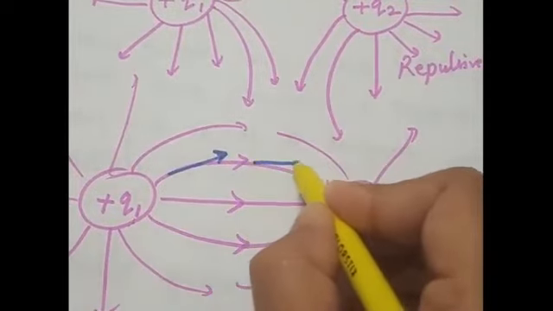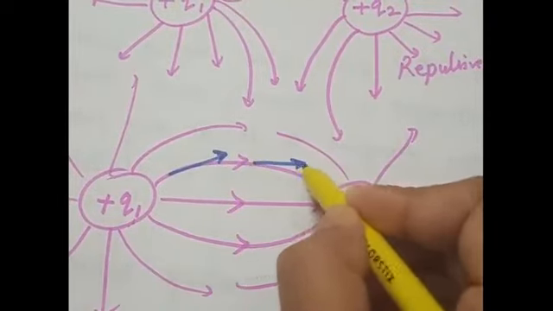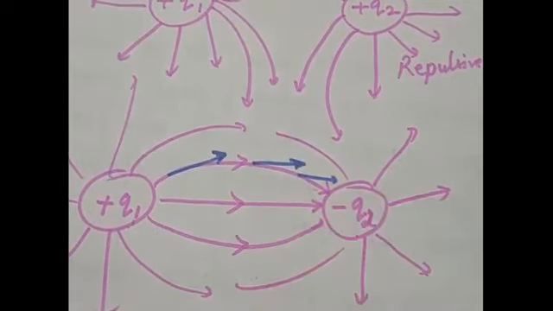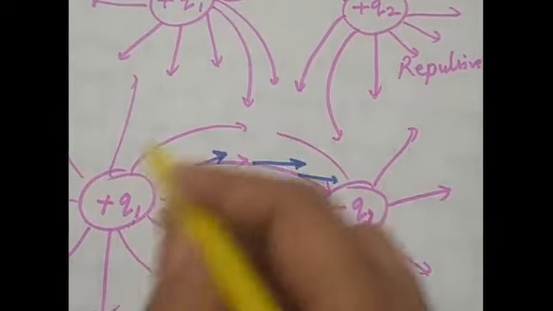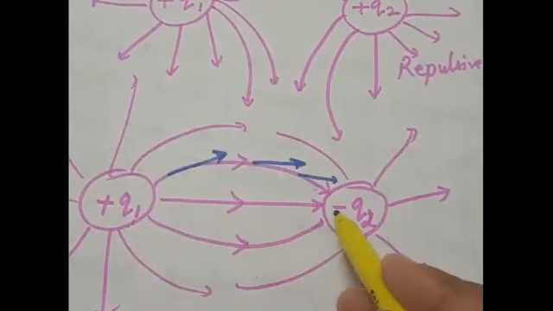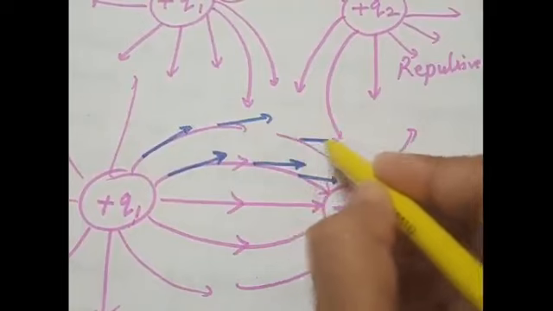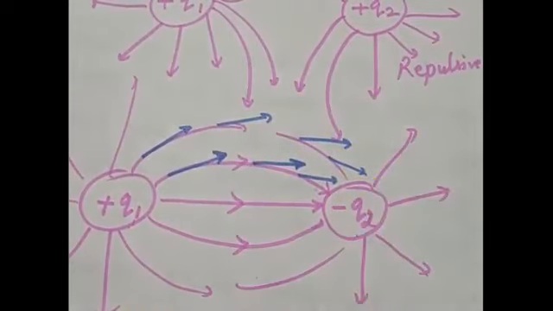Even if we draw a tangent here, it gives us the direction of the electric field, and the same way here. So at any line, straight or curved, when we draw a tangent to it, it provides the direction of the electric field.